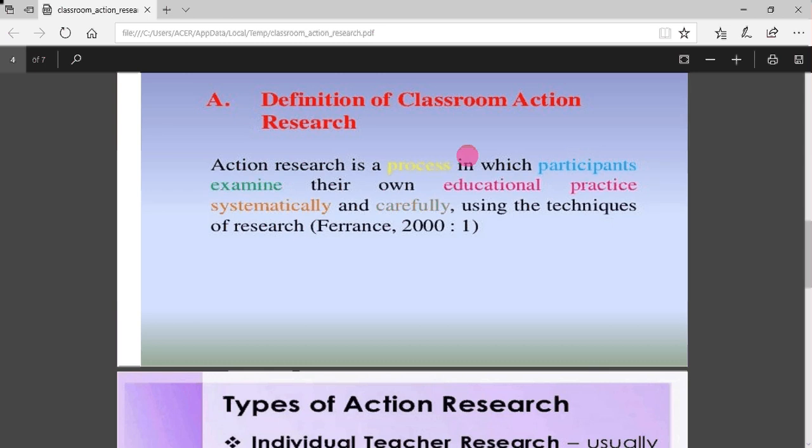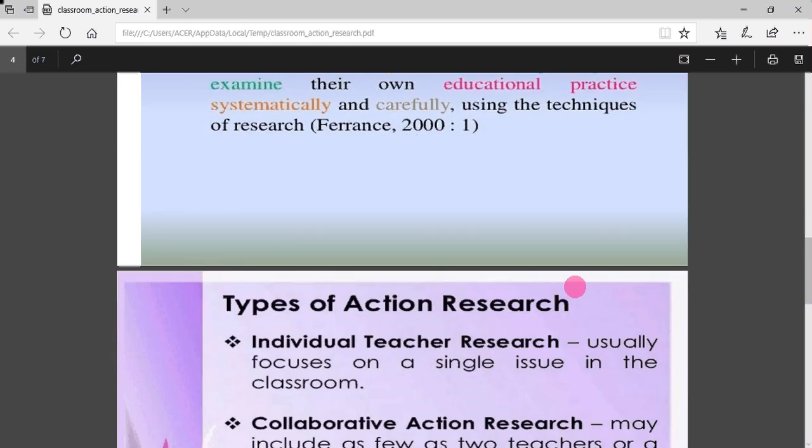So we can see that this is actually the process of research employed by the English teachers as the participants to examine, to see, to evaluate, to reflect on their own practices in teaching. Of course, this is for improving their expertise and improving students' English capabilities.